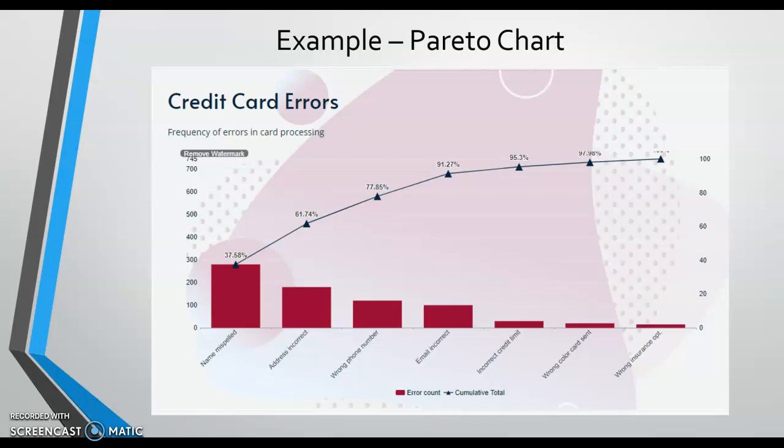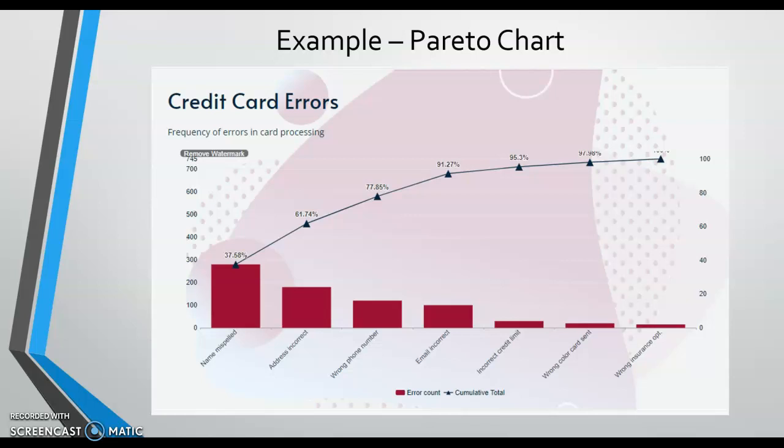For this example, it's for credit card processing errors. You can see that the biggest one, about 37% of the reason why the credit card processing might be an error, is that the name was misspelled. And then the next one, a little under 20%, is that the address is incorrect. And then a wrong phone number.